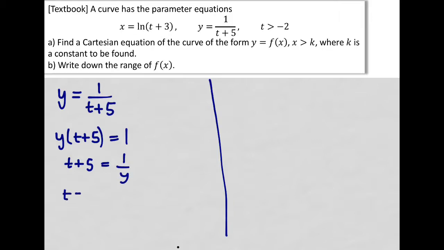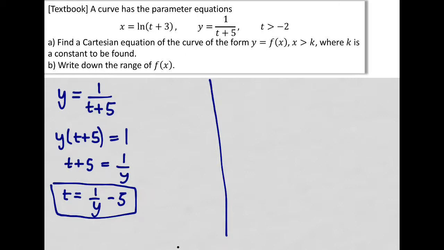So t equals 1 over y, subtract 5. So I've now found a way of expressing t in terms of y. I'm going to take this and substitute it into x. So instead of putting the t in there, I'm going to put 1 over y, take 5 in here. So that's going to be my next stage.